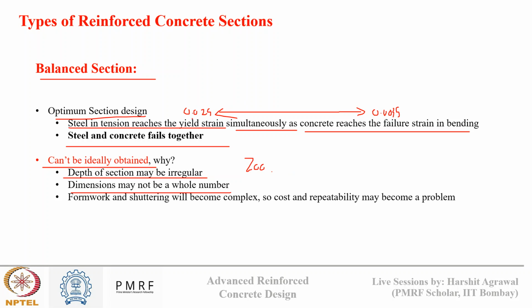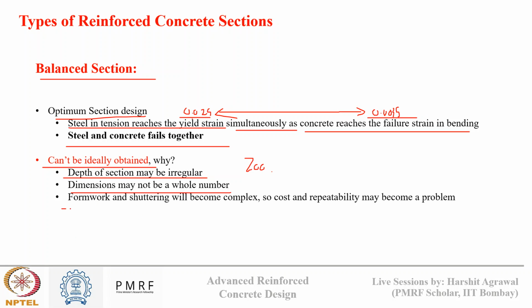But for ensuring that both are failing together, the dimension can come like 215.5 mm or 218.25 mm. Those dimensions we generally don't provide; we provide reinforced concrete dimensions in whole numbers. So that's why we say dimensions may not be a whole number if we want to satisfy this condition.